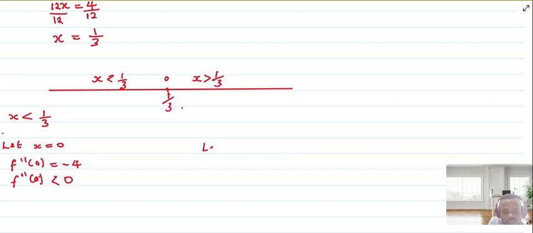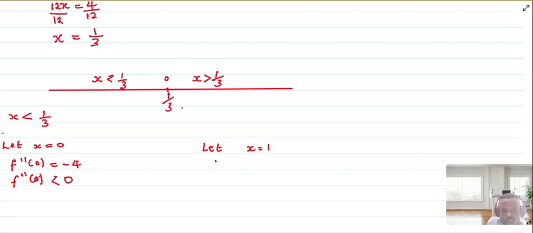And then I take an arbitrary value of x greater than 1 over 3. Let my x be equal to 1. But you can take any value of x that is greater than 1 over 3. It's not always the case that you have to take 1.